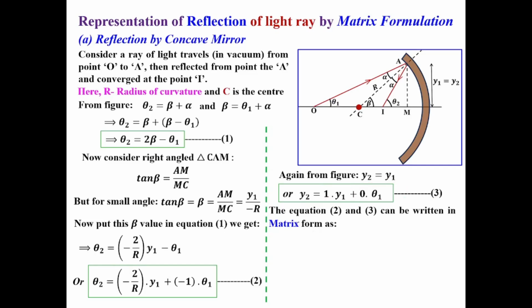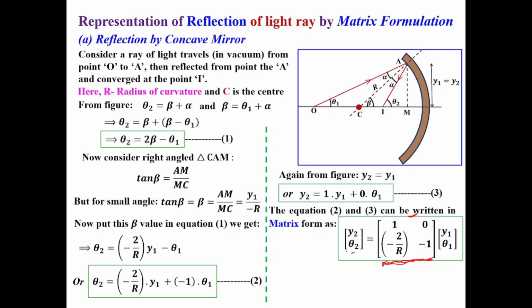Now equation number 2, this one, and 3 can be written in matrix form like this: [y2, theta 2] is equal to [[1, 0], [minus 2 by R, minus 1]] times [y1, theta 1]. Why? We just wrote the coefficients. This matrix is nothing but the coefficients of y1 and theta 1.